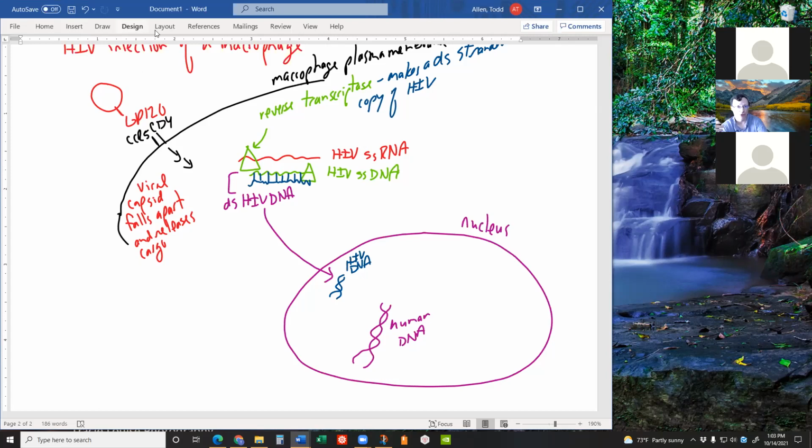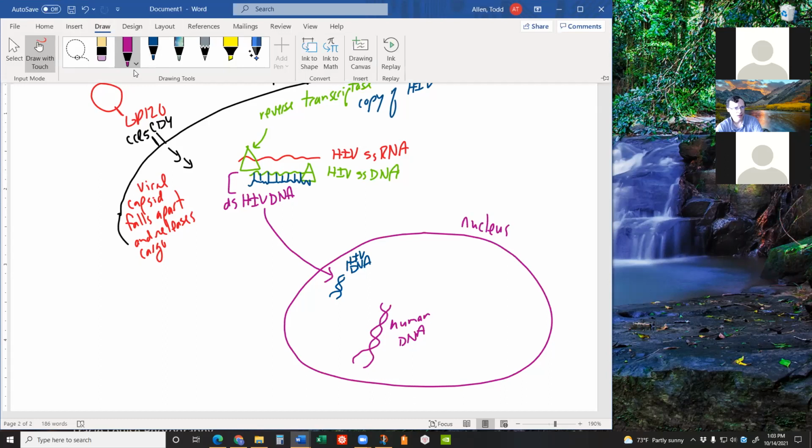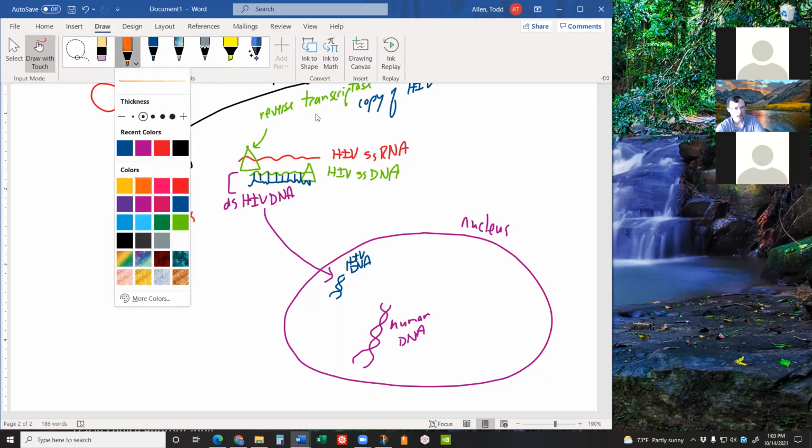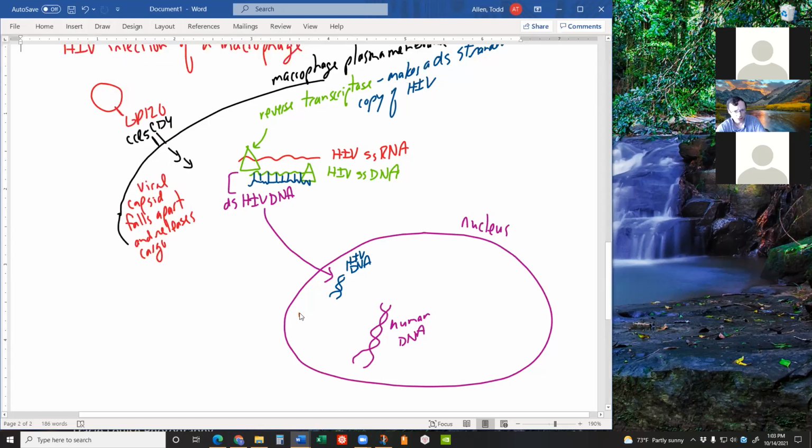Remember, we're going to have reverse transcriptase, integrase, and protease enzymes dumped into the host cell cytoplasm when the HIV infects the host cell. So we're going to have this integrase protein in here at the same time, which originally came into the cell via the original HIV virus that infected the cell.